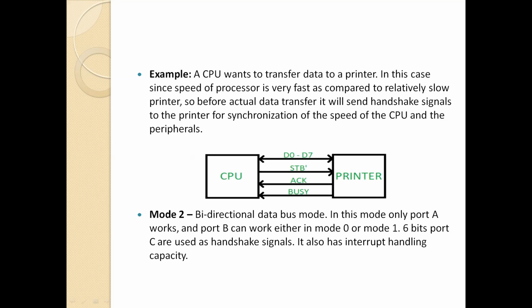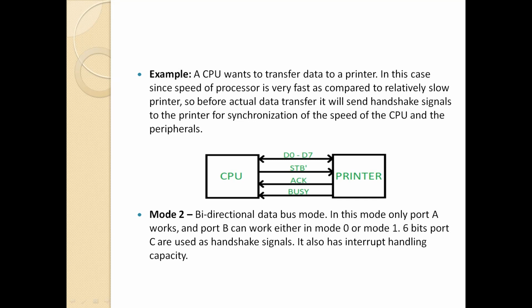With one example, let's get clarity on how we are going to perform the handshake signal. Here, you can see that the processor is connected to one device, a printer, that is your output device. The CPU wants to transfer data to the printer.